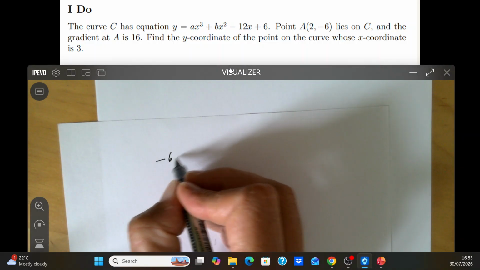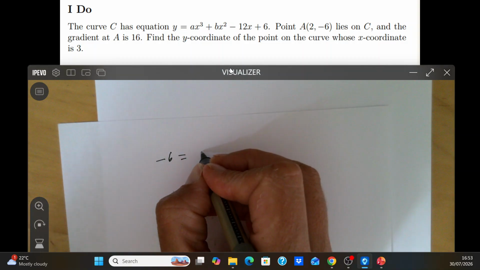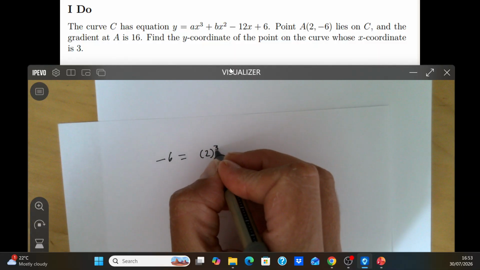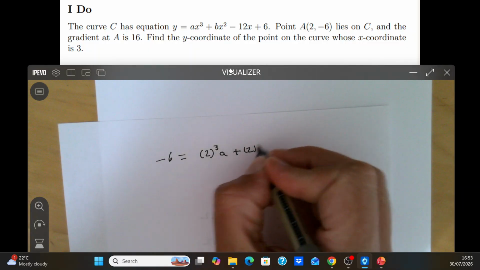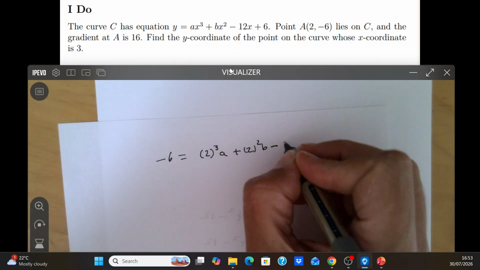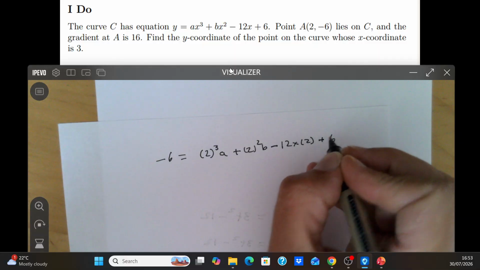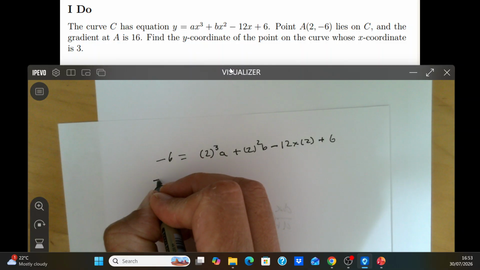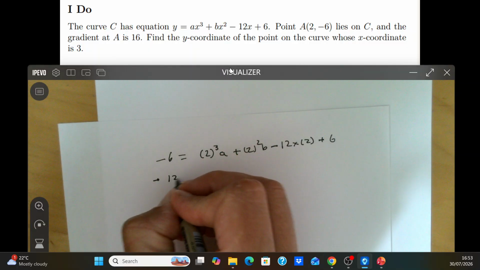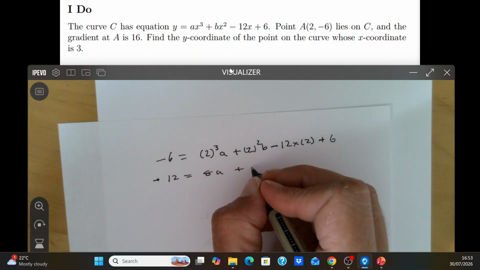So -6 must equal 2 cubed times A plus 2 squared times B, take 12 times 2 plus 6, which gives me -12 equals 8A plus 4B.